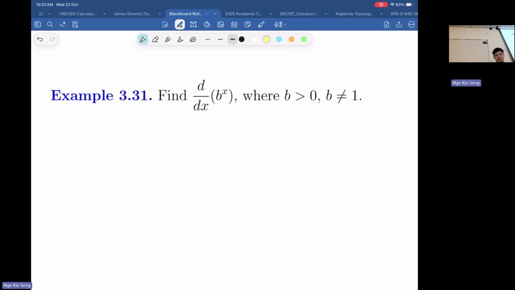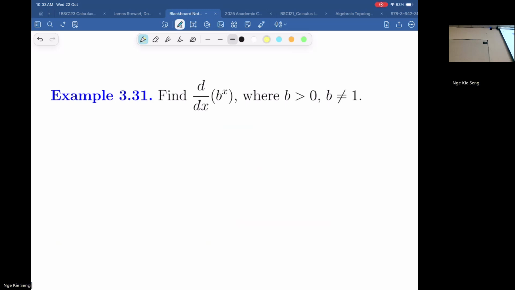Okay, so that's relatively easy. But if b is not 1, then things get harder. So how do we differentiate this? You notice that b to the x is similar to the exponential function e to the x. e is another scalar, an irrational number.